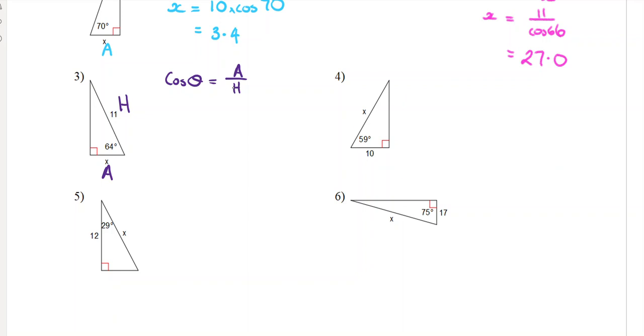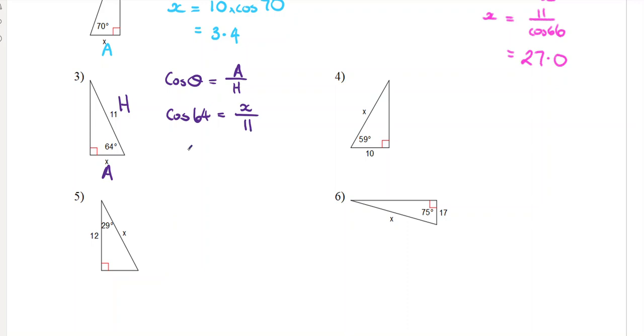Second line, sub in. Cos of what? Yes. Equals, what's the adjacent or the A side? Yes. And that means the hypotenuse is the 11. Good, so x is on the top.